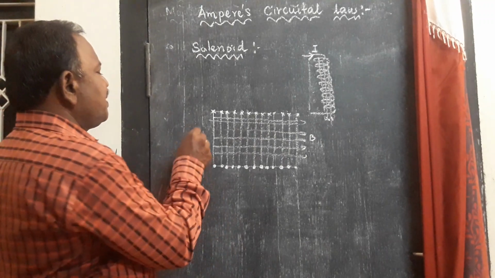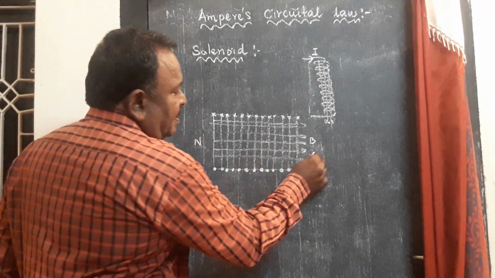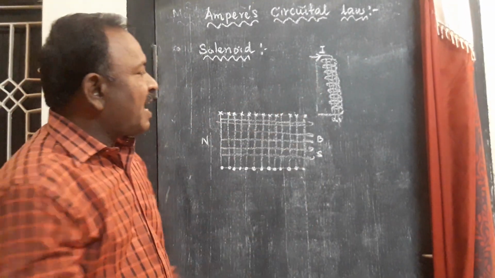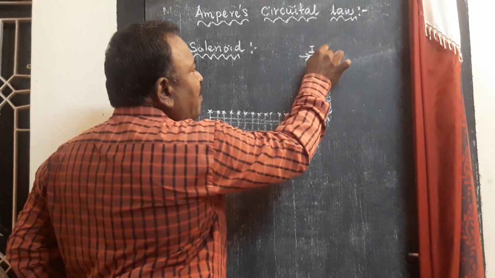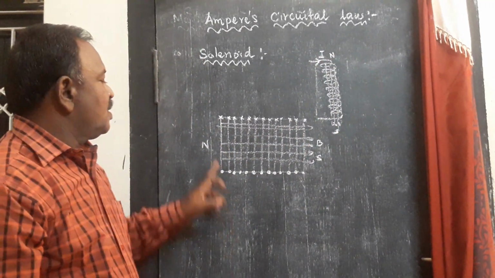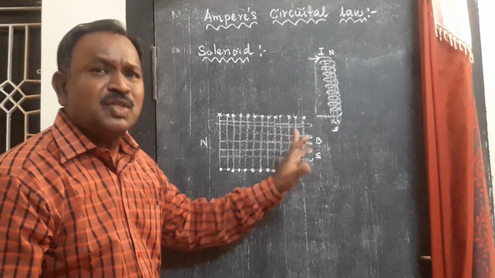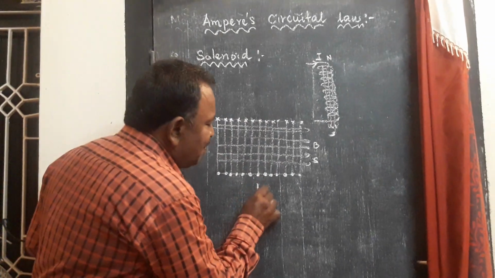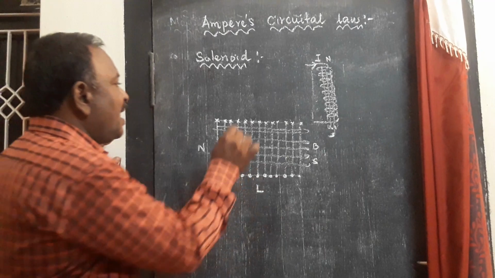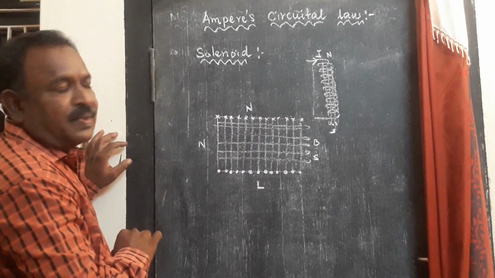For our simplicity, let us consider this to be the north pole and this to be the south pole, because a solenoid is acting as a bar magnet when current is flowing through it. Let capital L be the length of the solenoid. Let there be N turns in the solenoid.